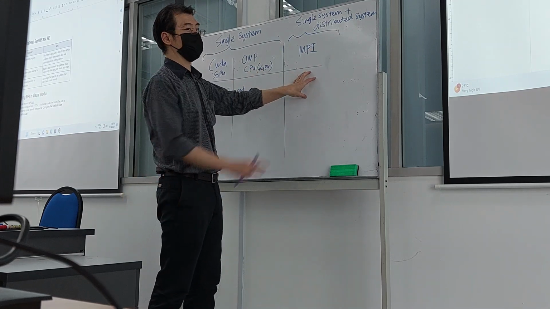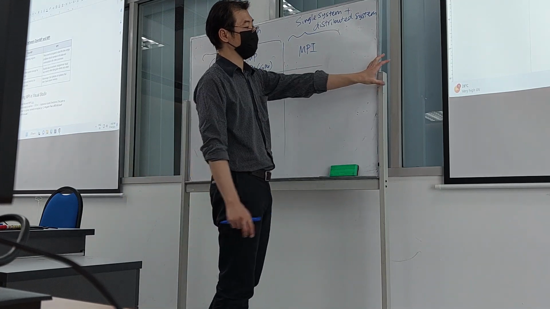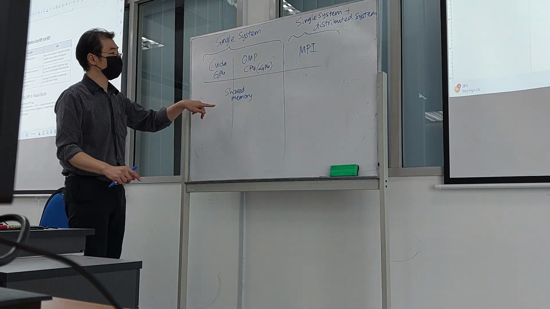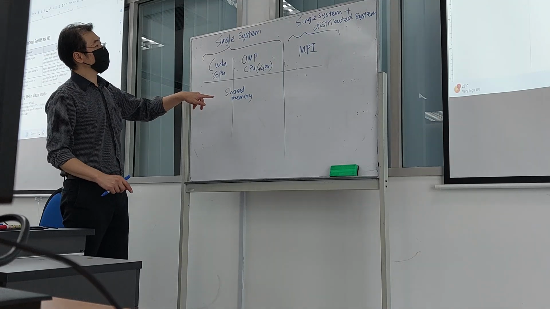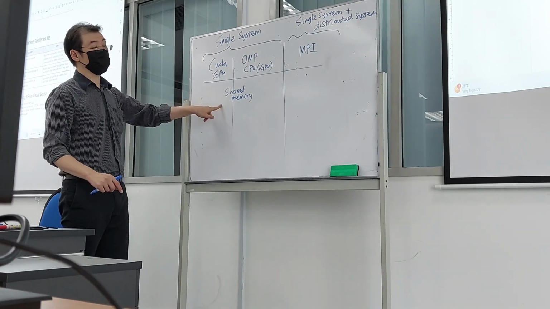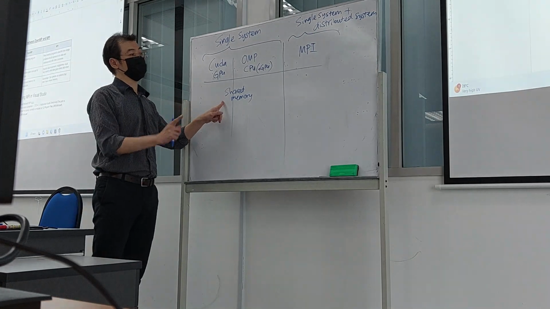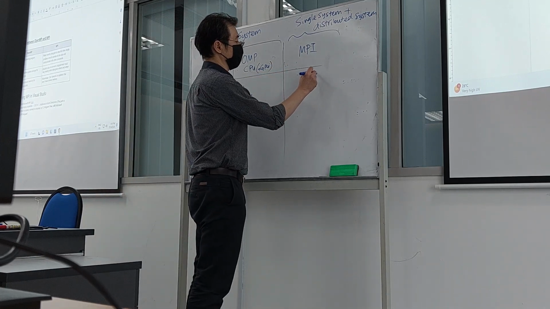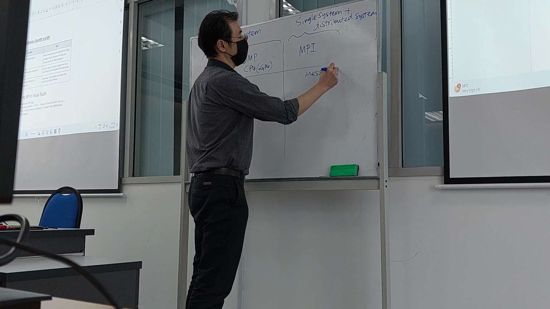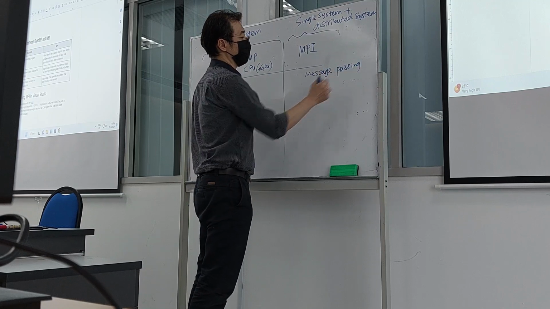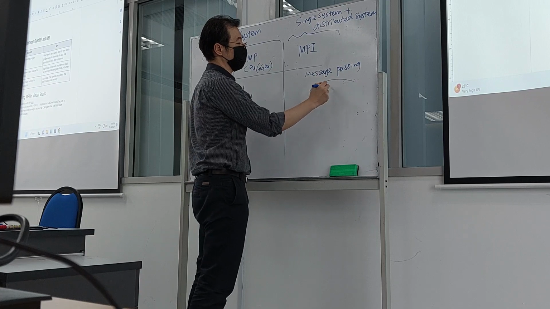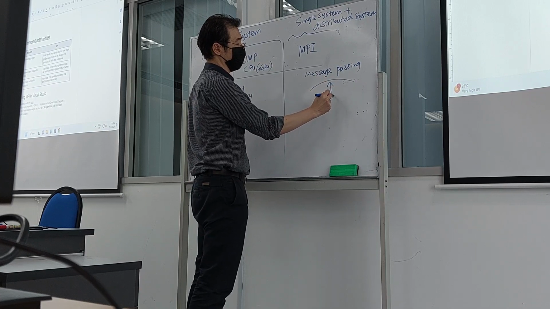One computer has its own memory, and the other computer has its own memory. You're not able to share, so you cannot use shared memory to communicate. So MPI uses another way: message passing. Message passing is just creating a message, and then you pass it from one computer to the other, maybe using a network.